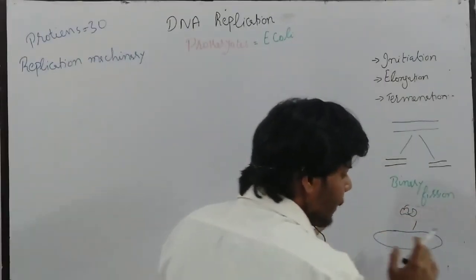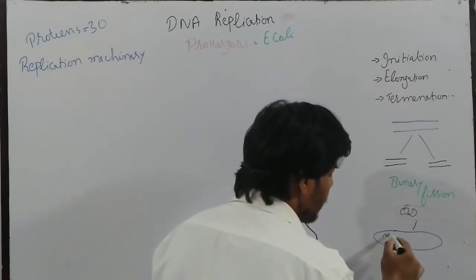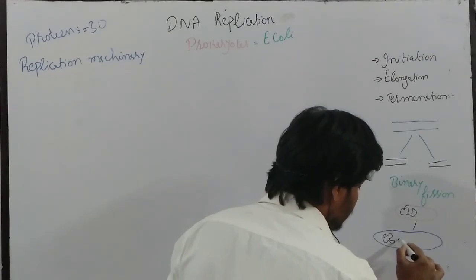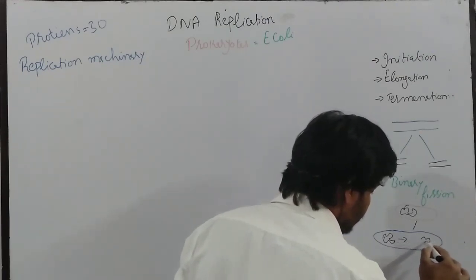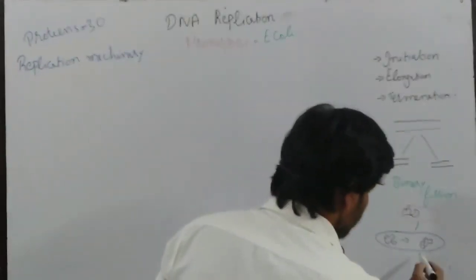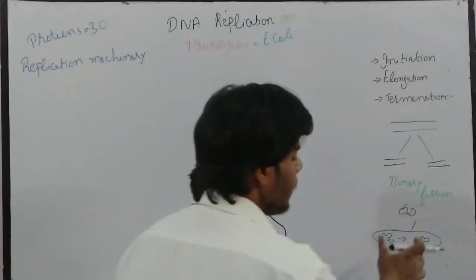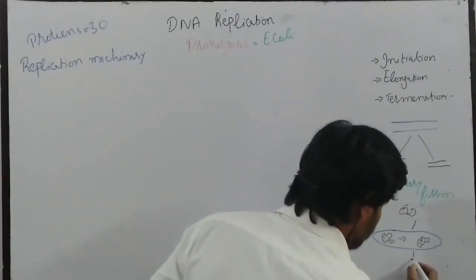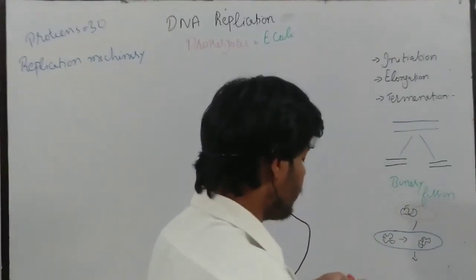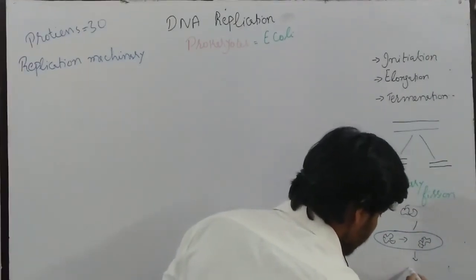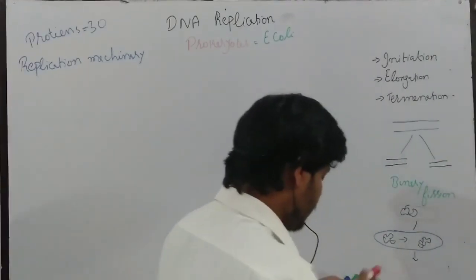Whenever they are elongated, their chromosomes will also be divided. So we get 2 chromosomes, meaning we get another copy of the chromosome. In this way we get 2 daughter cells having the bacterial chromosomes.